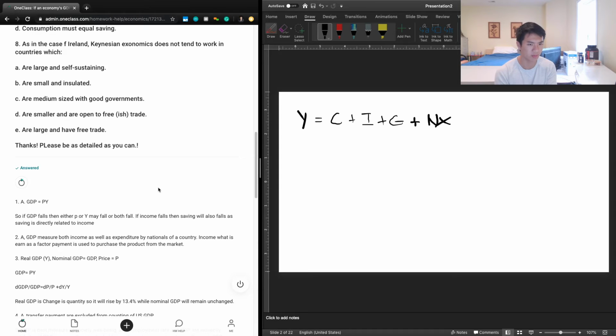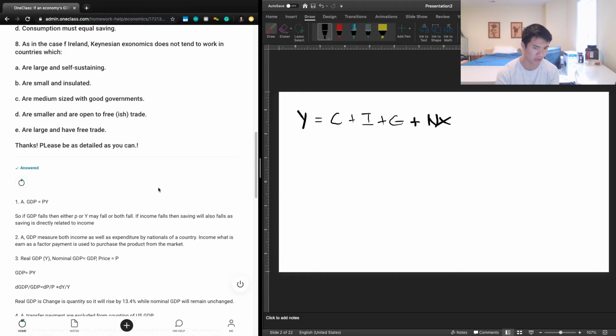C says medium-sized with good governments. Those are, again, conditions in which Keynesian economics could work. And it's not really the idea of a good government, more of a government able to execute its policies. A good government is not going to prevent Keynesian economics from working. D says smaller and open to free trade, and that's what we're going to be focusing on.